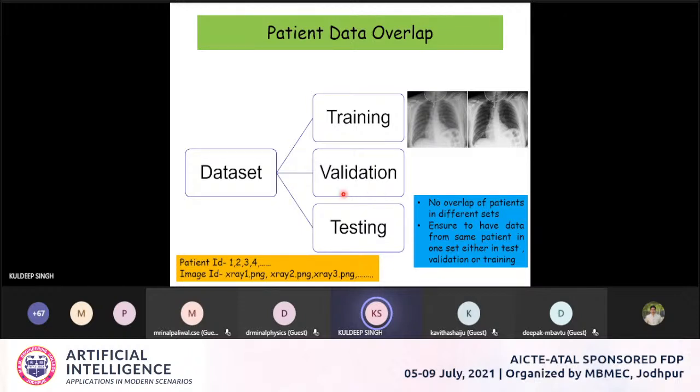The approach used while constituting the data set is, along with the image ID, we should also assign the patient ID. So once the patient ID is assigned, it is easy to divide these data sets, and easy to ensure that there is no patient data overlap among these different data sets.